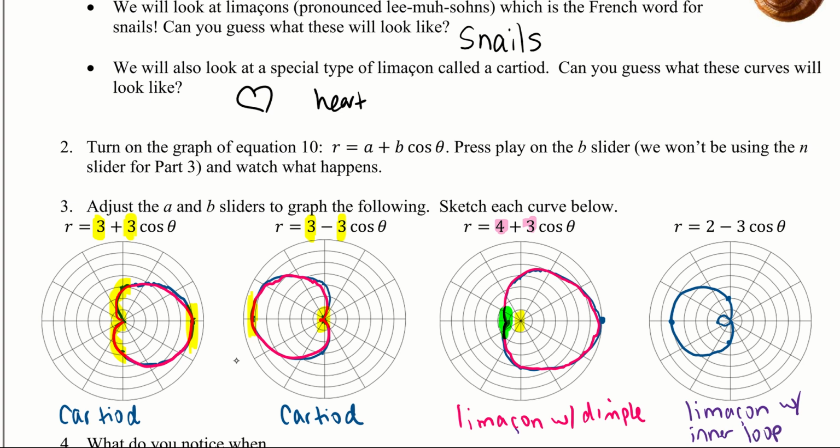So again, it kind of has that snail shape, but it has this inner loop with this portion right in here that backtracks onto itself and forms this extra little loop. These numbers will be different when you have an inner loop. It's not the minus that makes the inner loop. What makes the inner loop is the fact that this number is larger than what's being added or subtracted on. And we'll see this as we explore these a bit more.